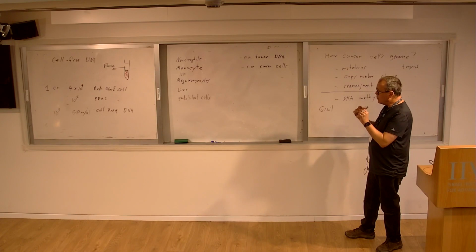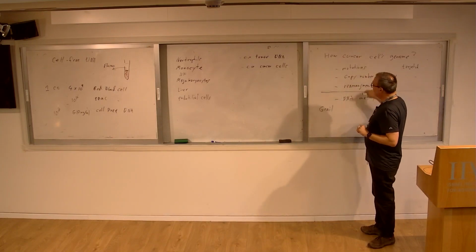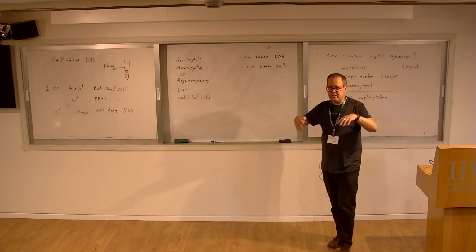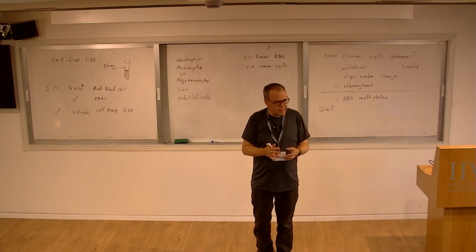We are going now to do a brief change, and we are going to talk about what exactly happens during cell death. Because I kind of waved my hand and said cells die and release DNA. But it's not so trivial.